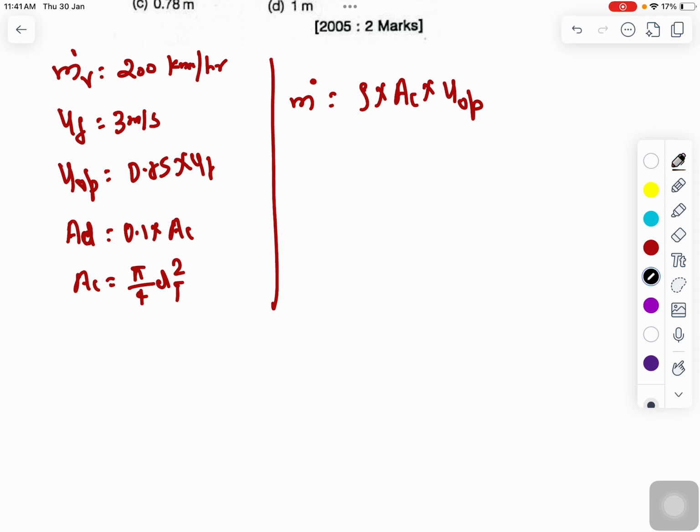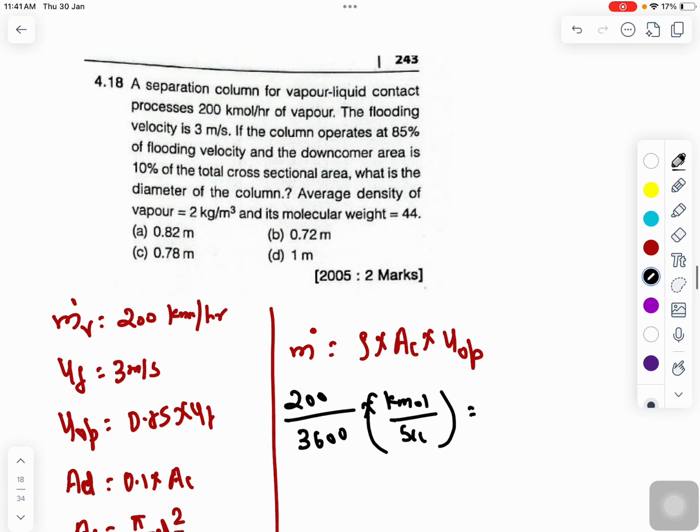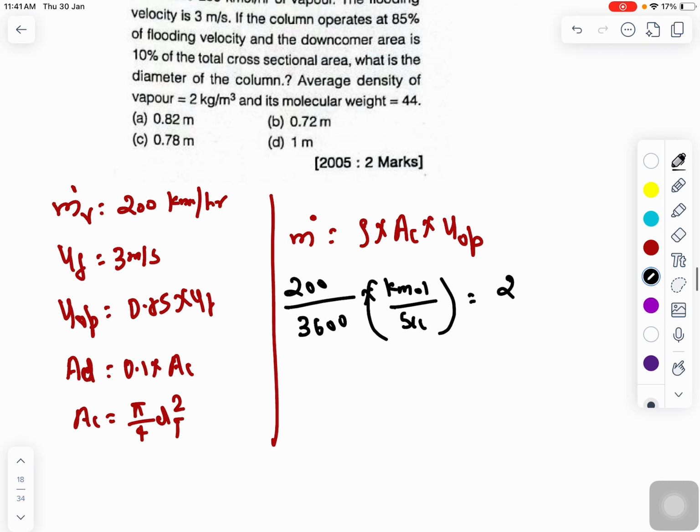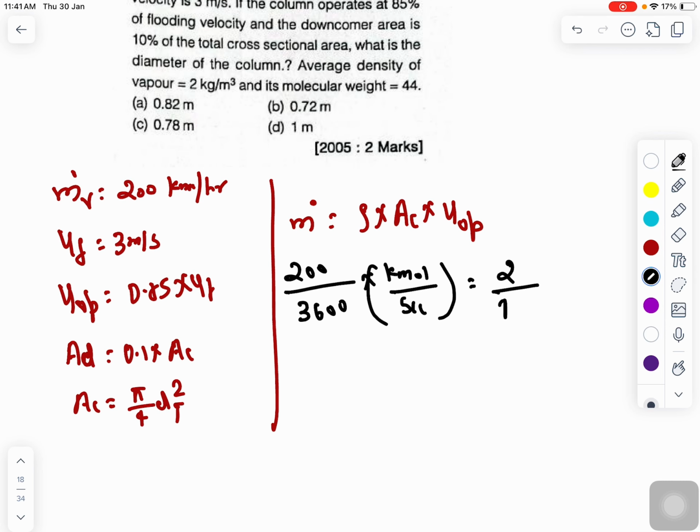But here you can see the mass flow rate is given as 200 kilomole per hour. So I can convert it by dividing by 3600, which gives kilomole per second, right? And the density of vapor is also given, that is 2 kg per meter cube, but you have to convert this density into molar density by dividing by 44, then it will be converted into kilomole per meter cube.